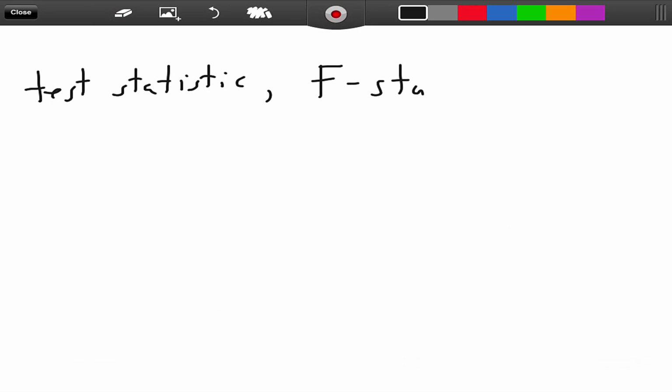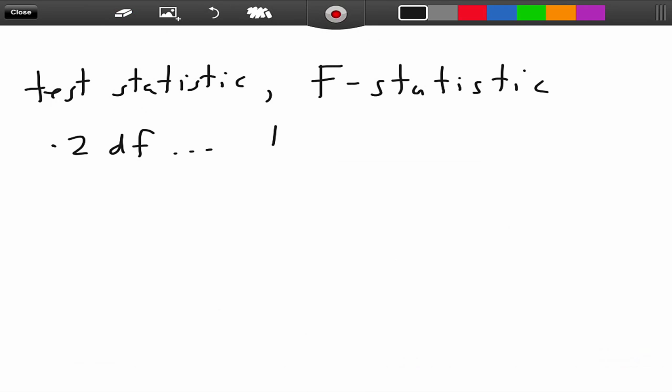The test statistic is the F statistic. If you remember a little bit about the F statistic from when we were looking at distributions the other day, we have 2 degrees of freedom.